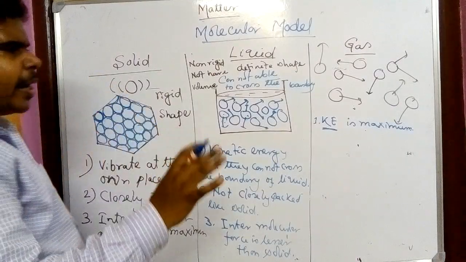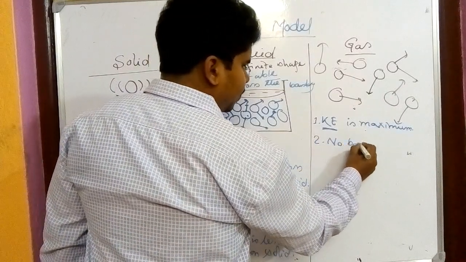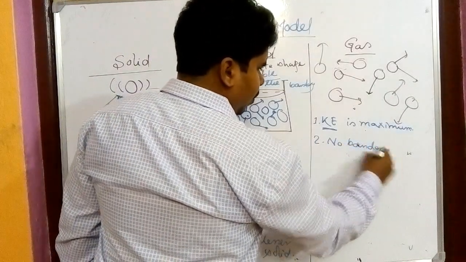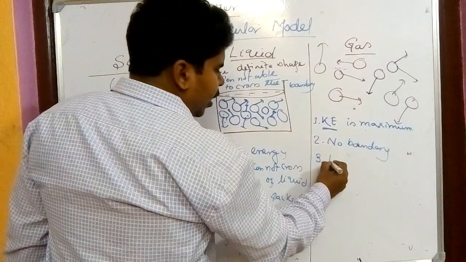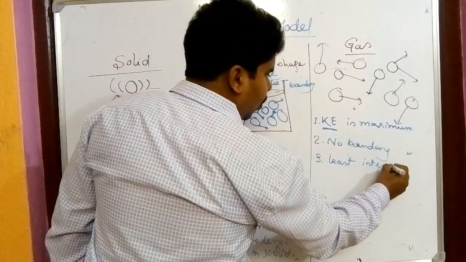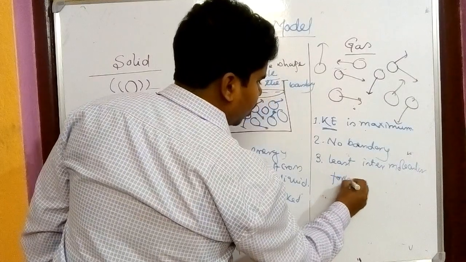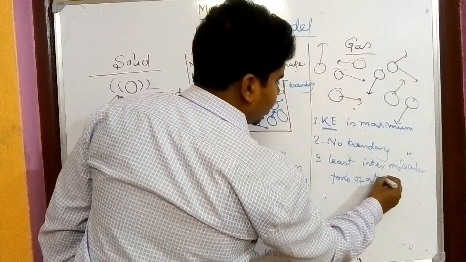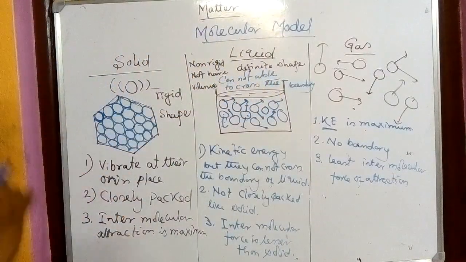Kinetic energy is maximum. Number two, no boundary. No boundary is there, and the least intermolecular force of attraction, that is the minimum.